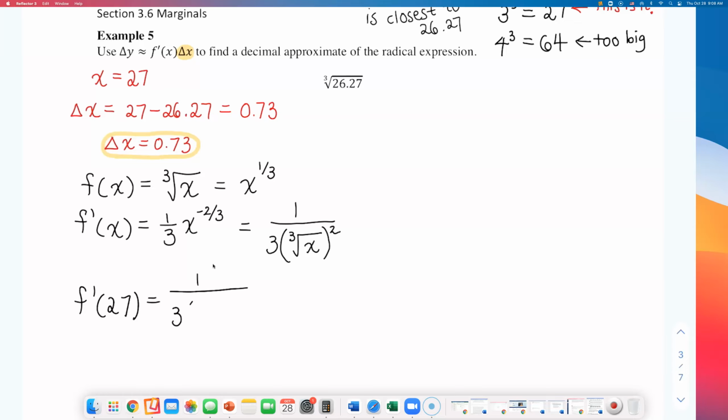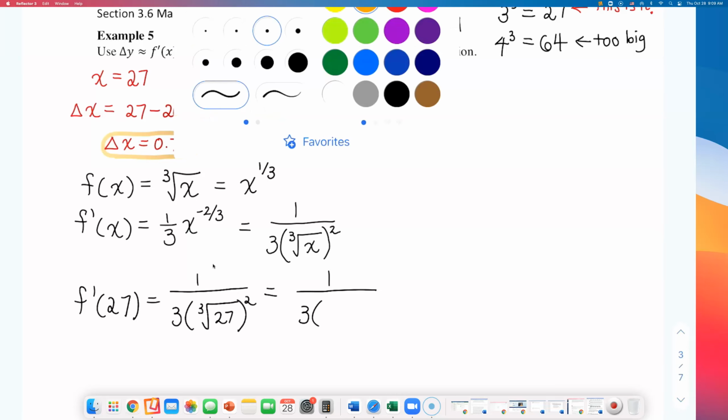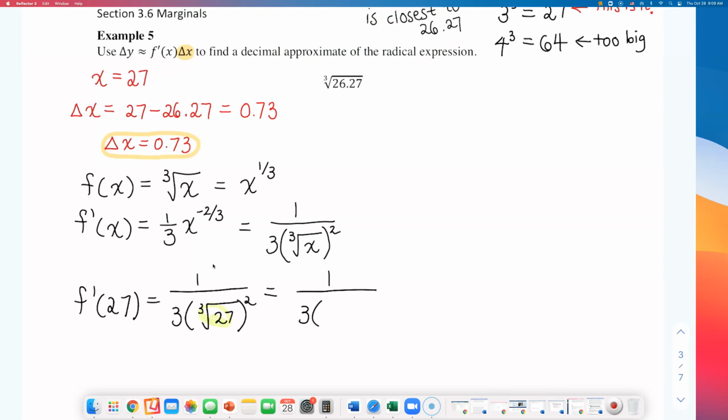That will be 1/3 times cube root of 27, squared. I'm going to do the root first. Cube root of 27 is 3. So that's 3 squared.